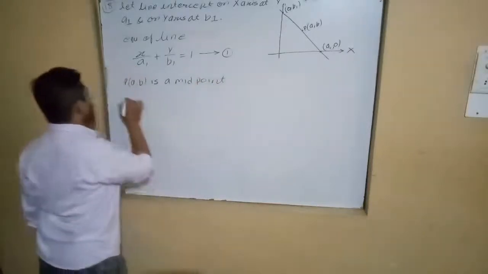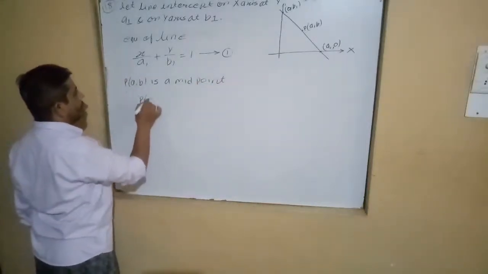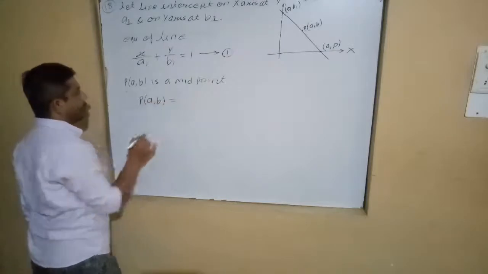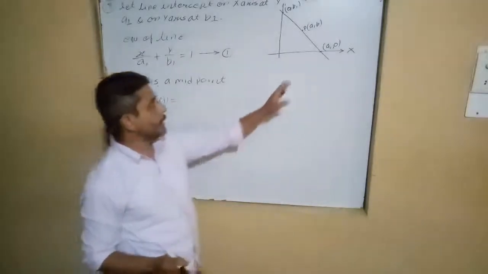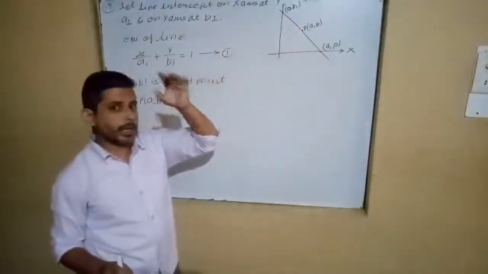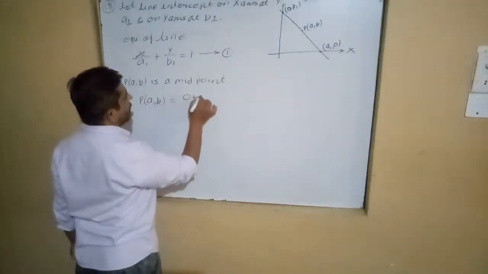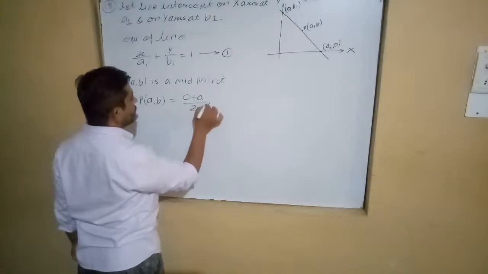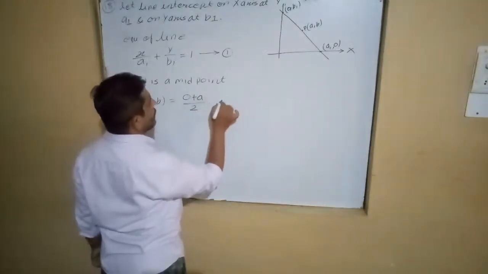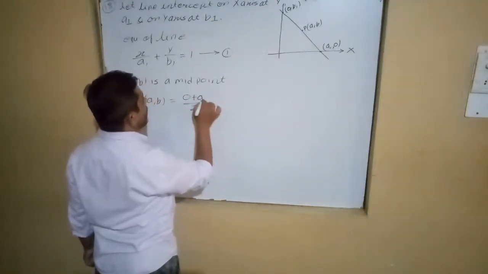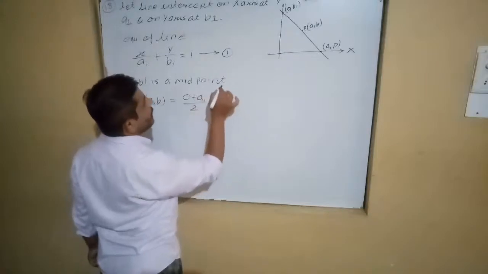So P(a, b) is a midpoint. So therefore P(a, b) will be equal to, if it is a midpoint, what is the midpoint formula? x1 plus x2 by 2, comma y1 plus y2 by 2. What is the y1? Here A1 will come, है ना?